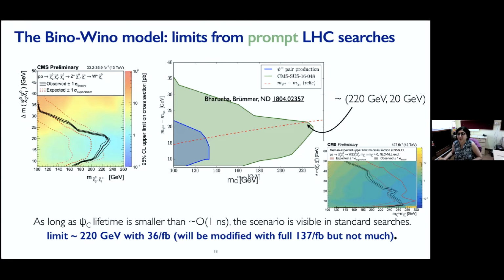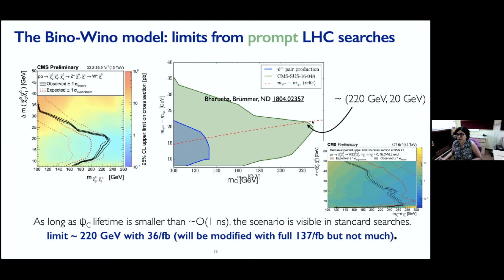And we find that the most that you can do, so this was with 36 femtobarn inverse, but even including the full data, this plot and that plot don't have a lot of difference. So I don't expect this will be modified too drastically. It might be modified a little, but let's go with this point for now.